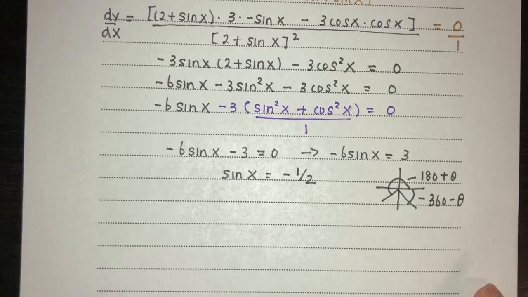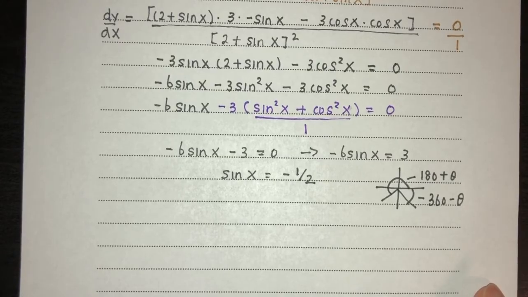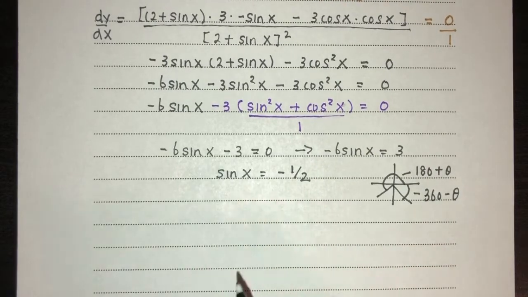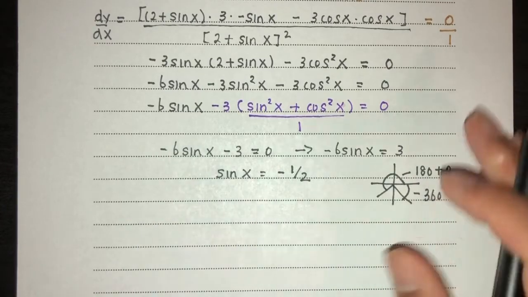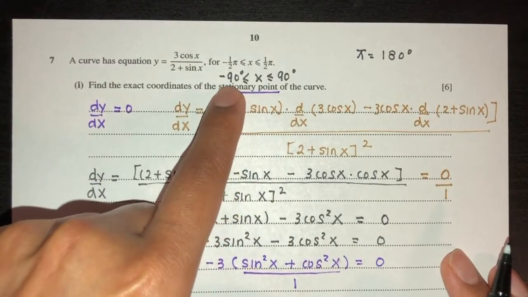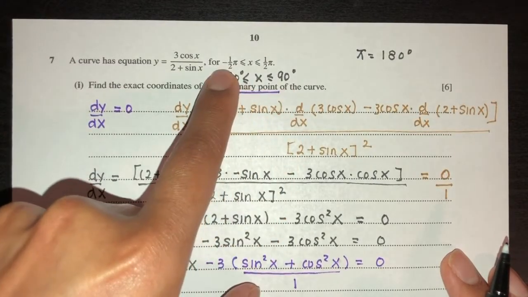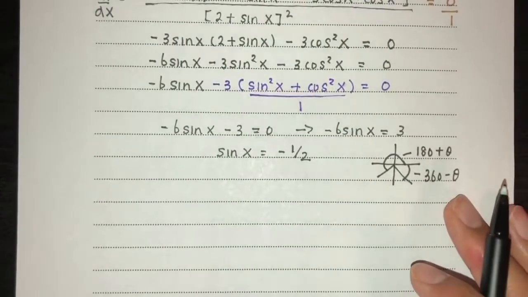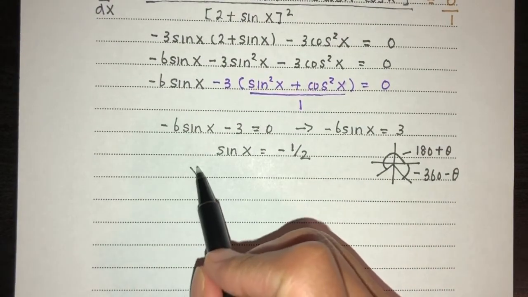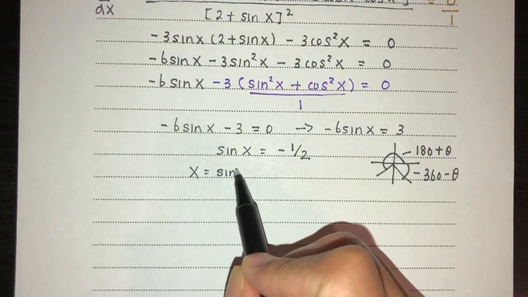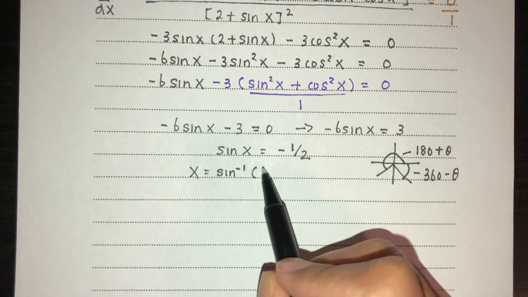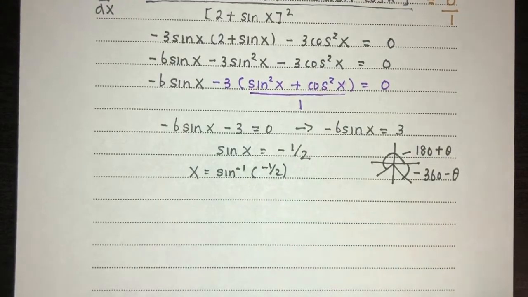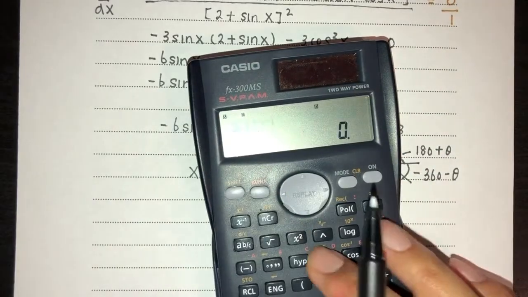Okay, so let's see what are the possible values that we can have. So usually we can just do that because as you can see, it is between minus 90 to 90, or minus this to this. We can just try to find it directly. X will be sine inverse of the value. What is that value?